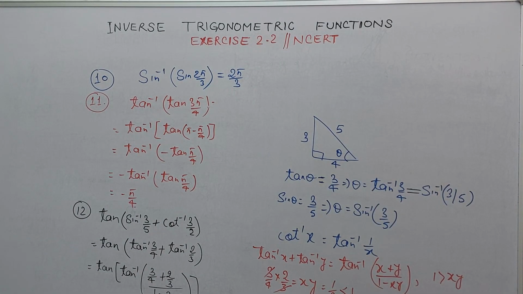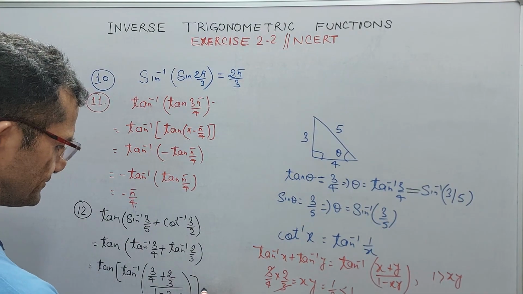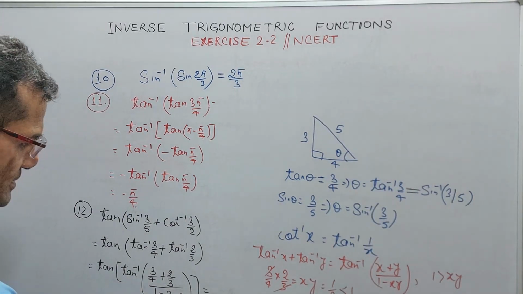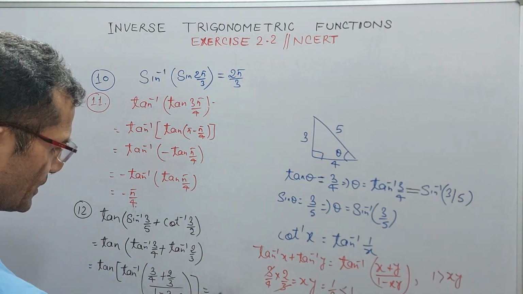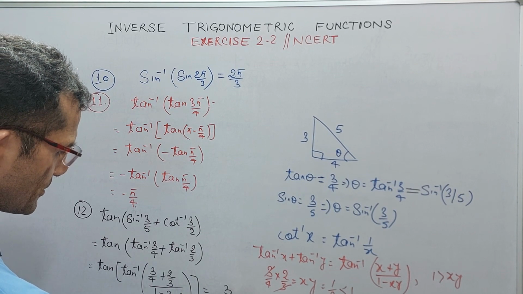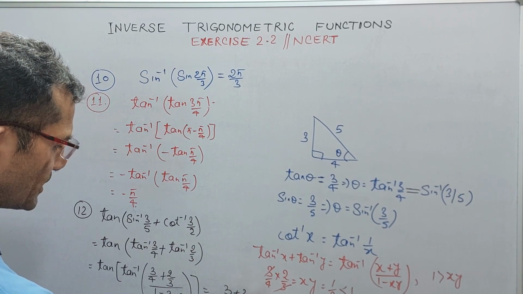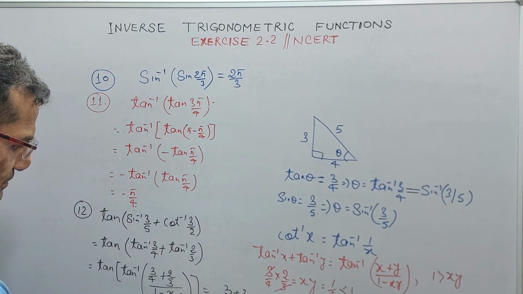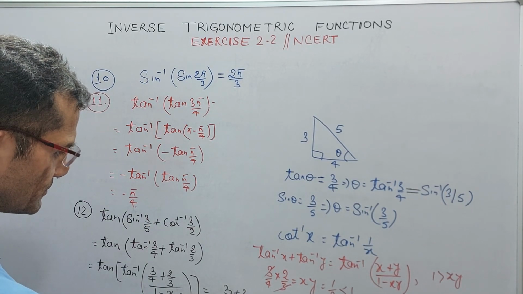After simplifying, tan and tan inverse simply cancel out. Finally the value is 3 by 4 plus 2 by 3 divided by 1 minus 1 by 2.